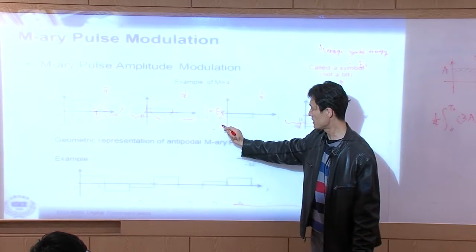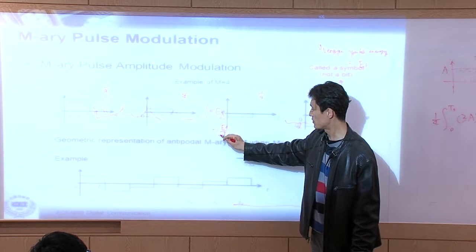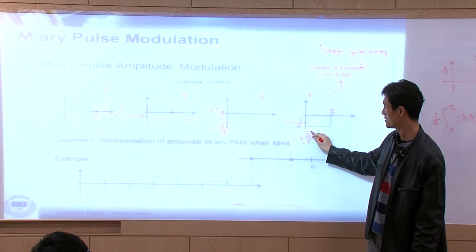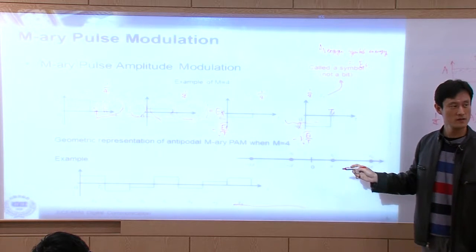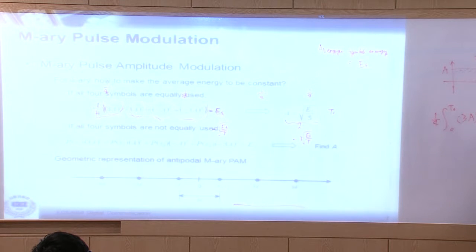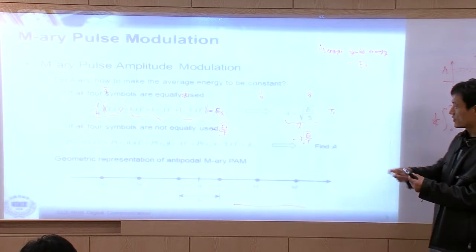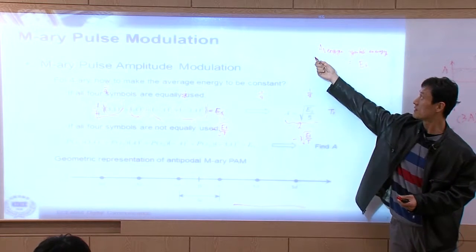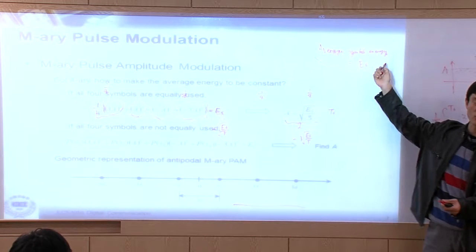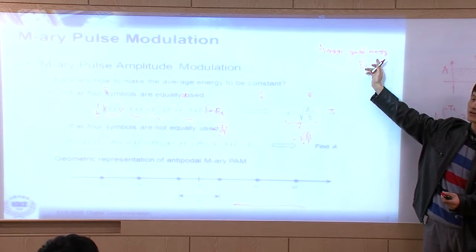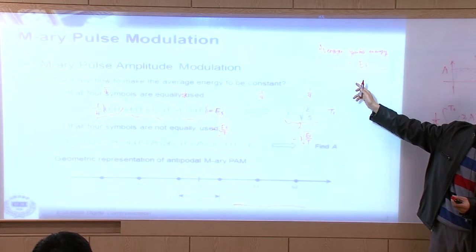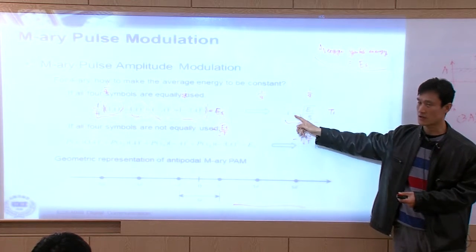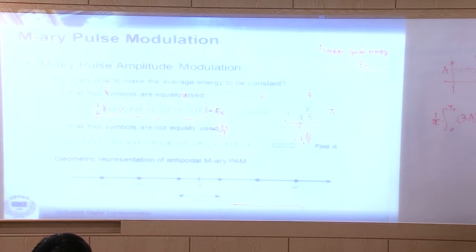So this is going to be the square root of ES divided by 4, and this one is like minus 3 ES divided by 5, something like this. That's how to calculate A. My condition is that I want my average symbol energy to be ES, and in order to do that, you need A to be that value.